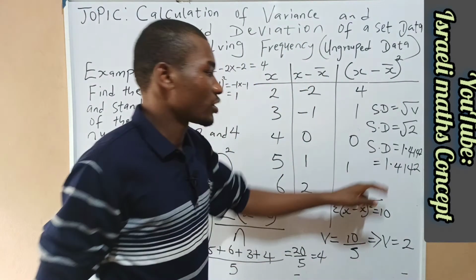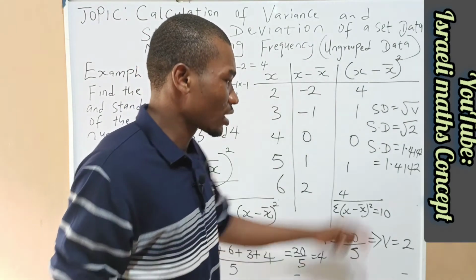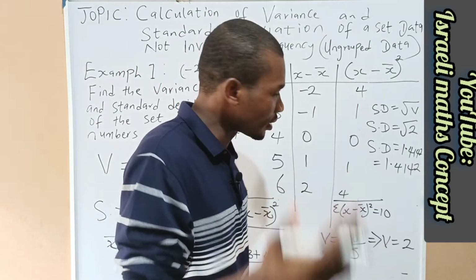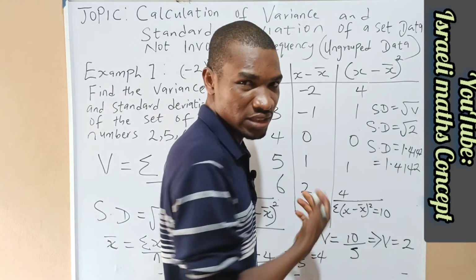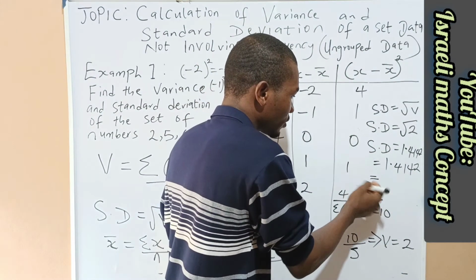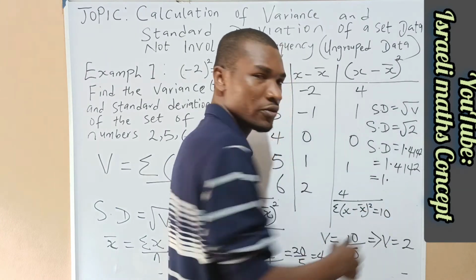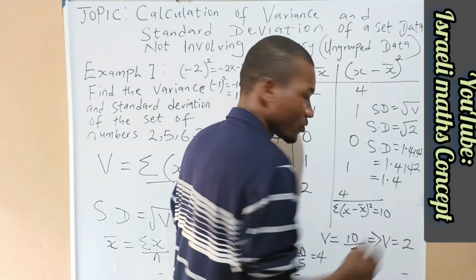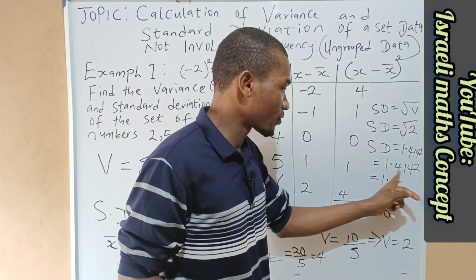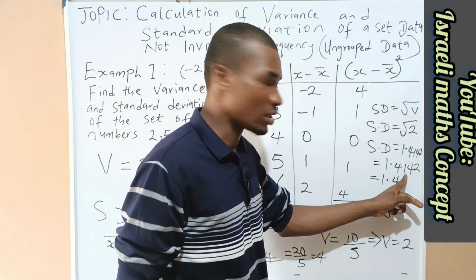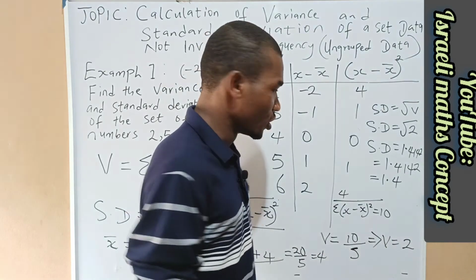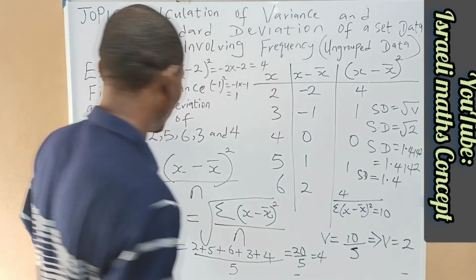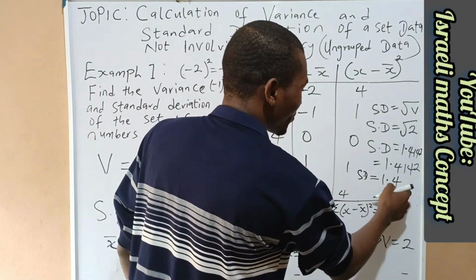All right, this is our standard deviation, but you can approximate it, most especially to 2 decimal places or 1 decimal place, since you have it in decimal. If I'm converting to 1 decimal place, I will just have 1.4, because the number after 4 is not up to 5, so I round it down. Hence, the standard deviation of this given set of data is equal to 1.4.